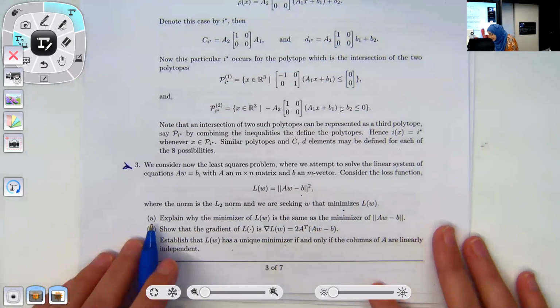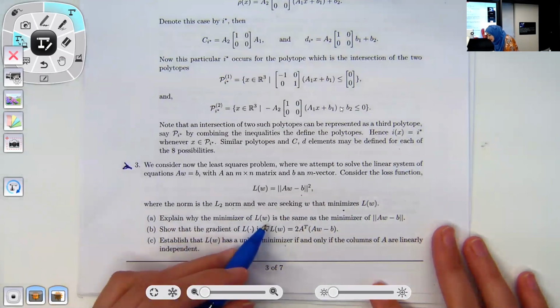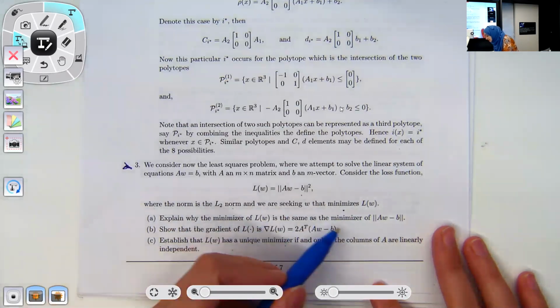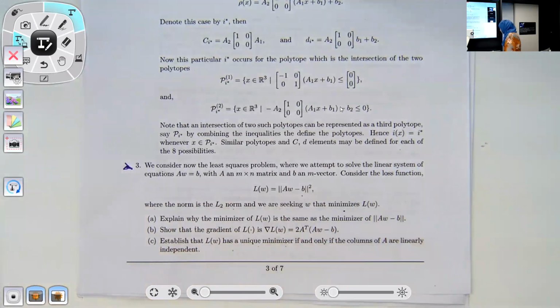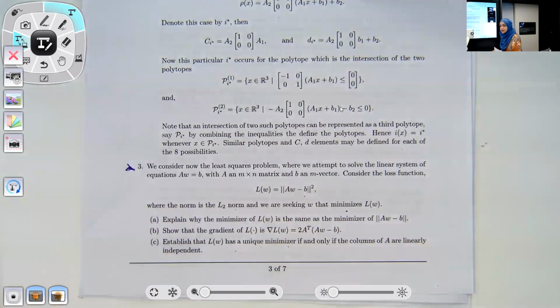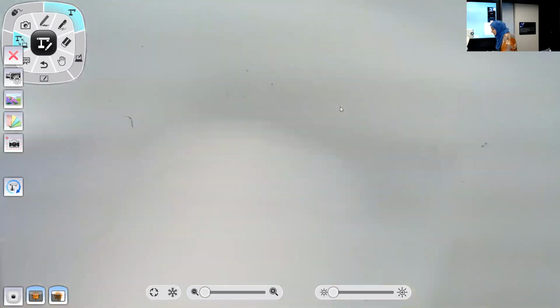In part A, they ask, explain why the minimizer of L omega is the same as the minimizer of the norm of A omega minus B. We need to prove that the minimizer for L omega is the same as the minimizer for the norm of A omega minus B. Let's try to solve it together.